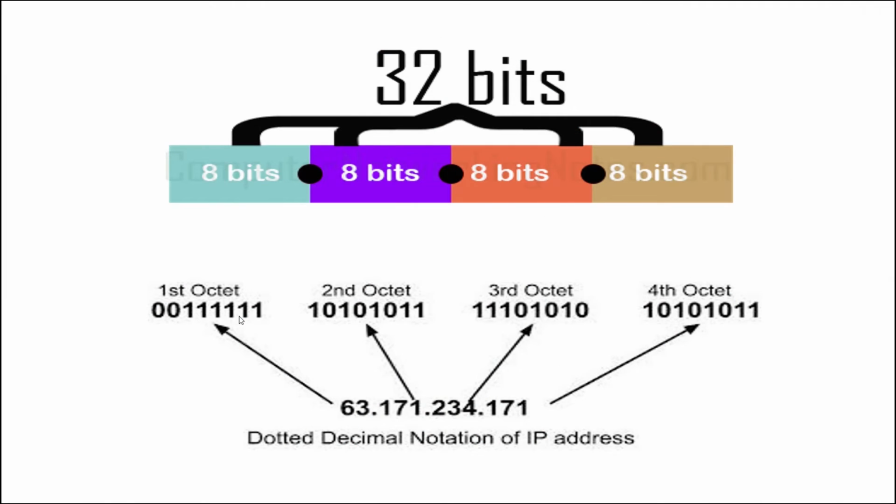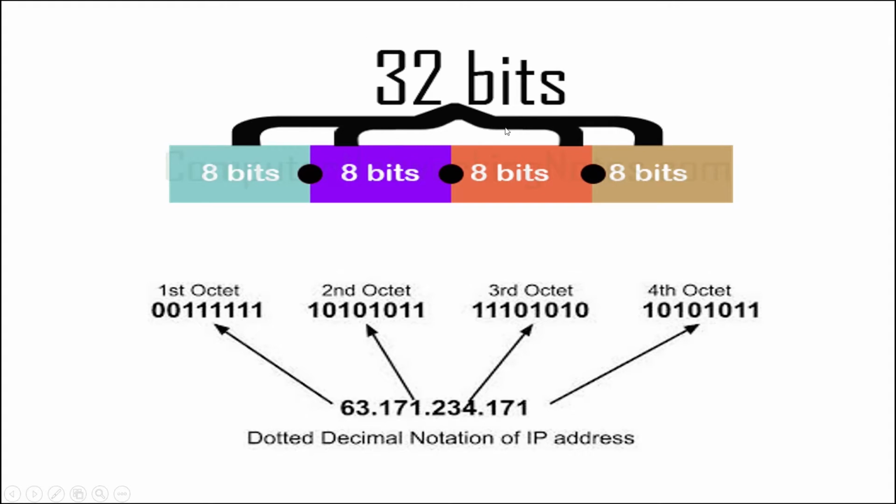Okay, so this is another view of an IP address. You have 32 bits, but these 32 bits are separated by dots, and one part includes 8 bits. So you can see there are 4 sections with 8 bits.